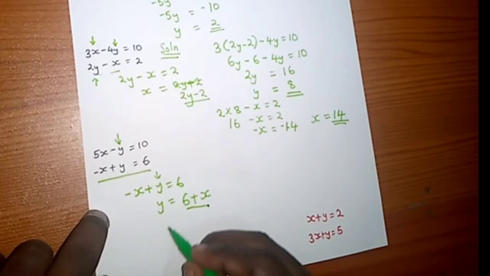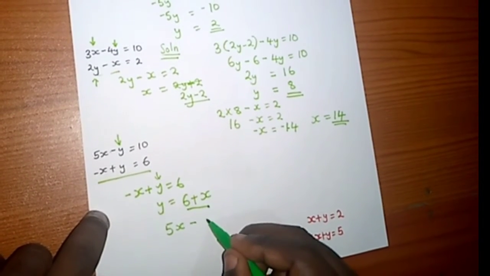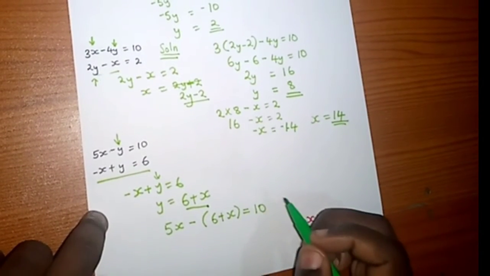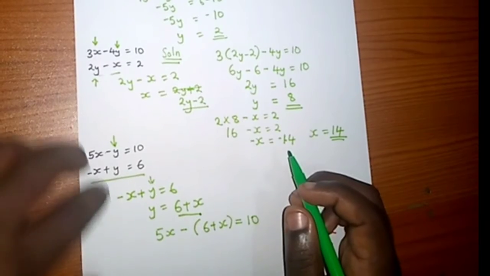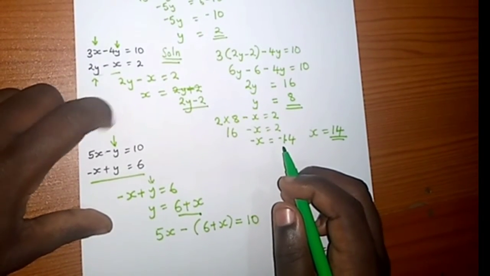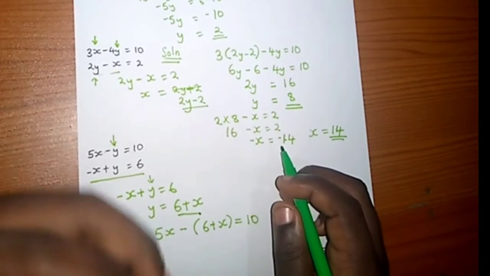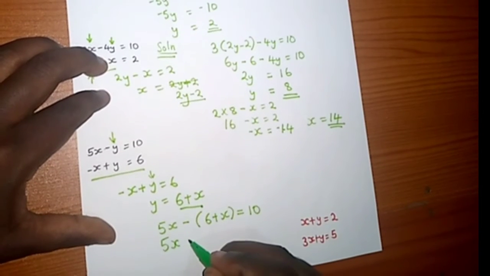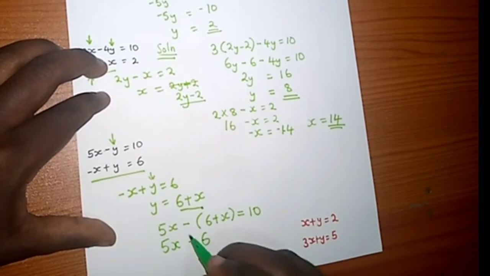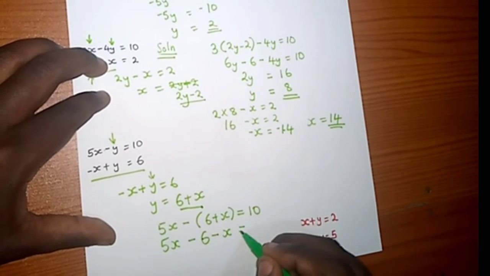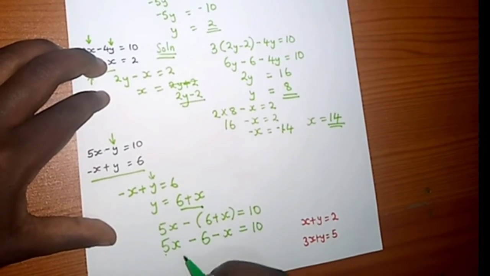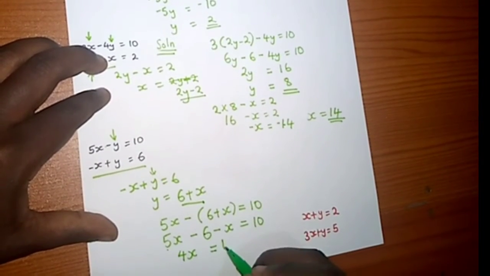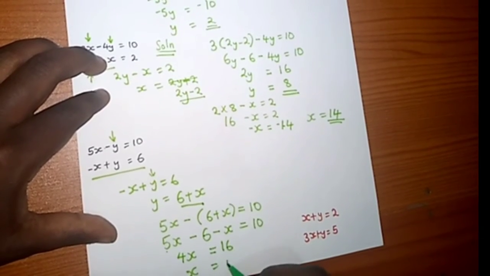So I have 5x minus (6 plus x) equals 10. You can pause the video if you feel that I'm very fast, and play it back again until you catch up with me. If I open the brackets, 5x minus 6 minus x equals 10. So 5x minus x means 4x equals, if I take the 6 to the other side, 16. So my value of x equals 4.